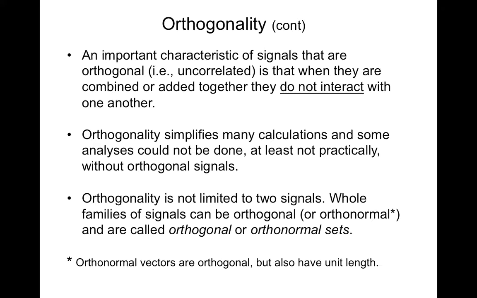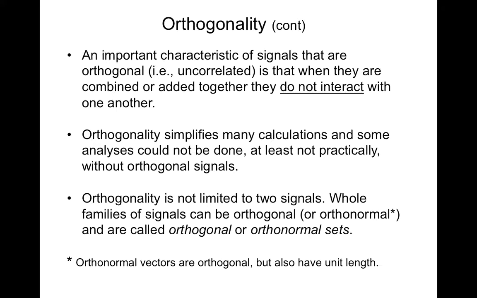Orthogonality simplifies a lot of calculations, and a lot of analyses couldn't be done if we didn't have the concept of orthogonality. And orthogonality is not limited to two signals, so you can have whole families of signals that are generated that can be orthogonal or even orthonormal. Now, orthonormal vectors are orthogonal vectors, but they have a special quality, and that is they have unit length.